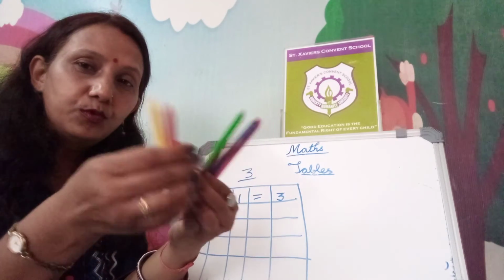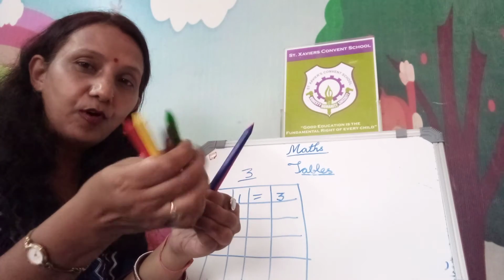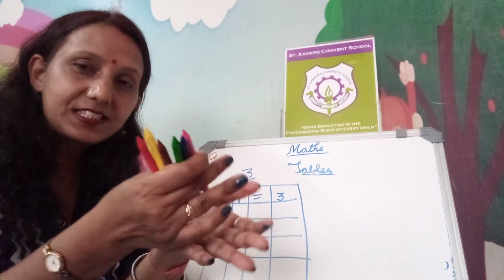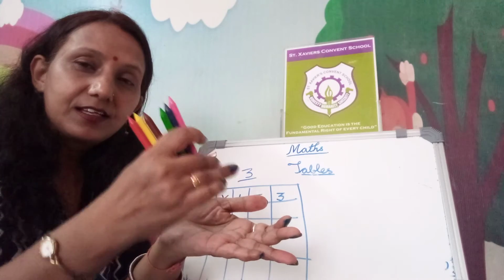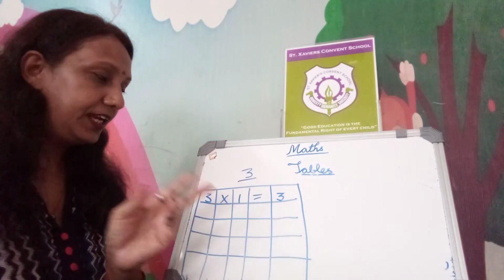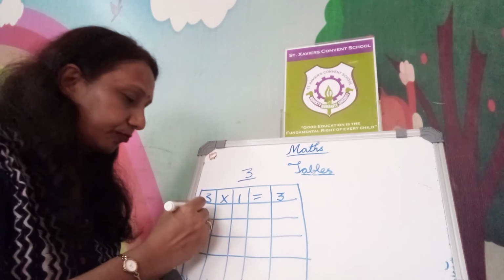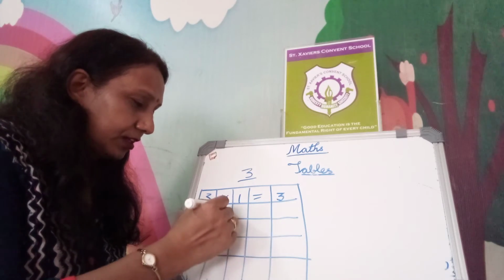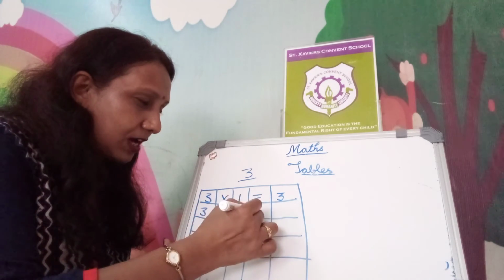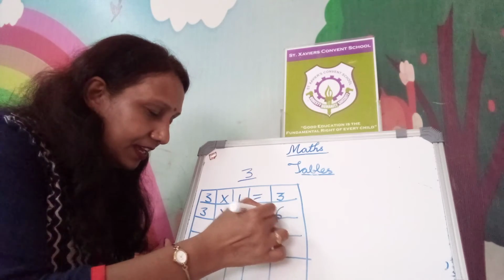1 2 3 4 5 6. What will be the answer? 6. 3 two times. 3 2s are 6.